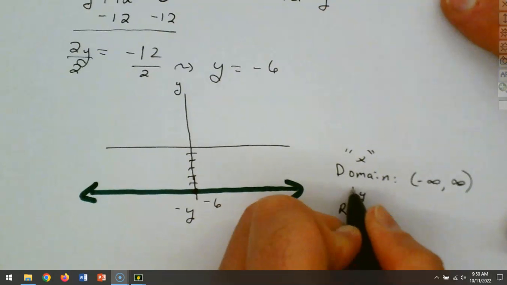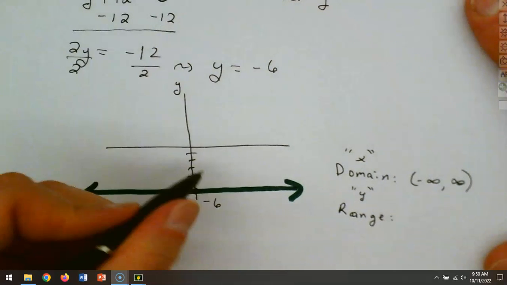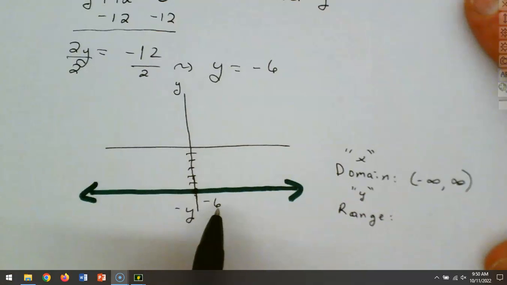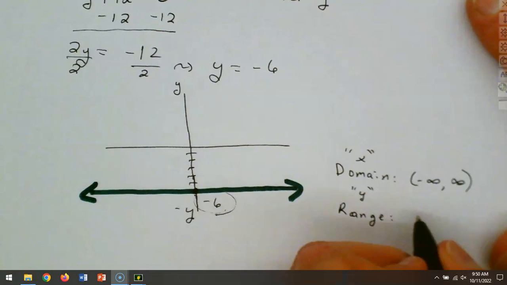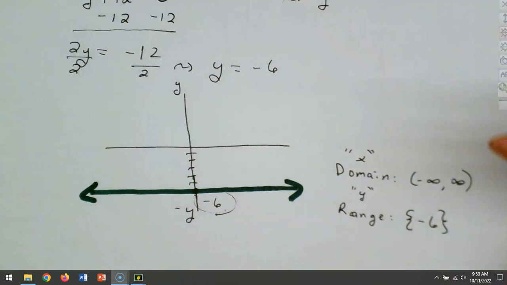Range is the y value. Can it go up or down any? No. It's fixed. And what is it fixed at? Negative 6, right? Because this is your positive y. This is your negative y down here. We're looking at the negative 6. So your range then would be negative 6. And I use curly brackets because that's the only number that it can be. It's always fixed at negative 6.